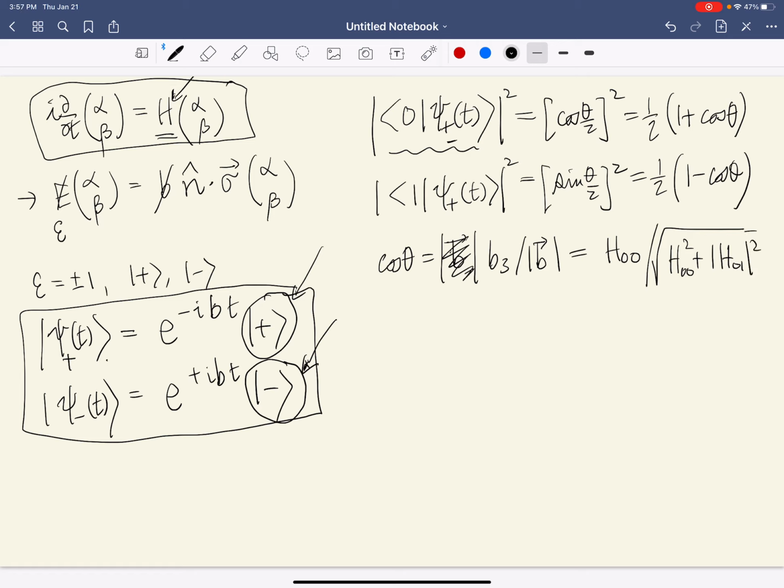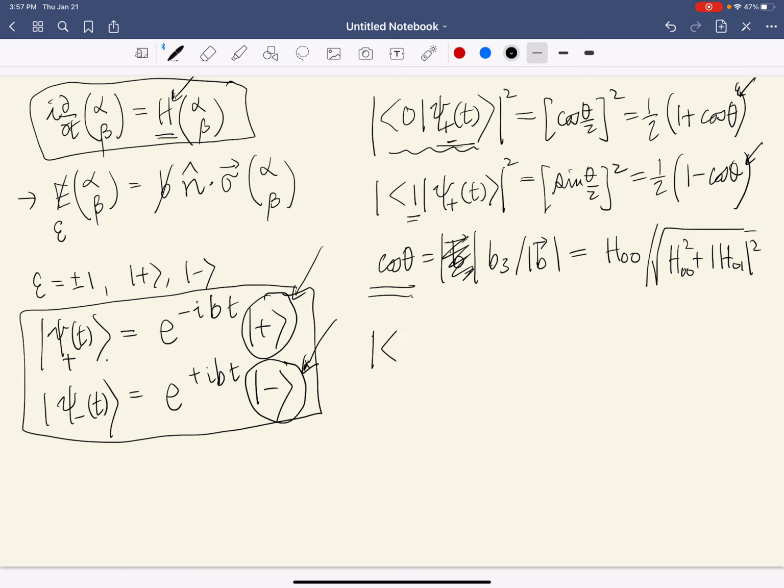Okay, so that's how you fix the cosine theta, and this cosine theta in turn controls the probability that this eigenstate be found in the 0 basis state or the 1 basis state.